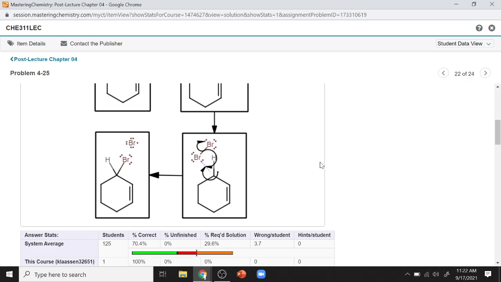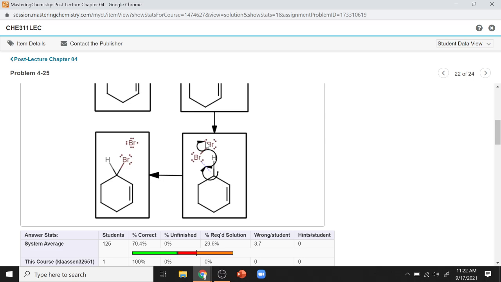Okay. But the next part is your carbon free radical now. That's this right here. It's then going to react with a Br2, like we saw in the previous example. Yep. And again, that's going to take one electron from the Br2 bond. It'll form a new bond between the Br and the carbon. And then the other electron from that bond goes on to the other Br, making another bromine free radical.